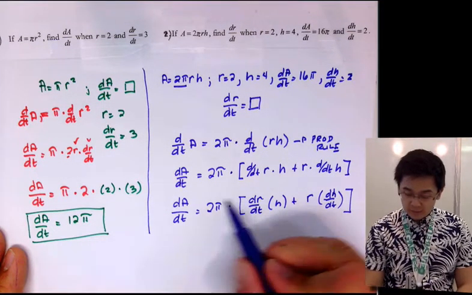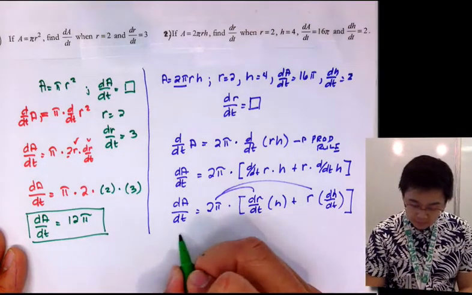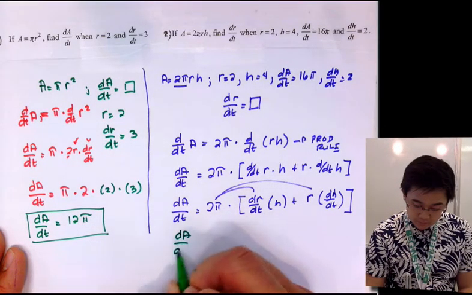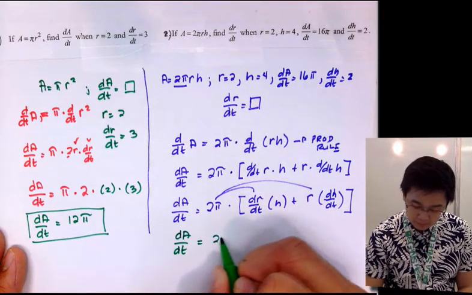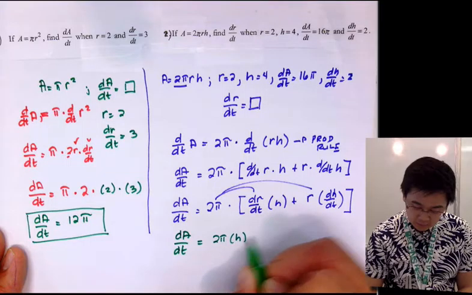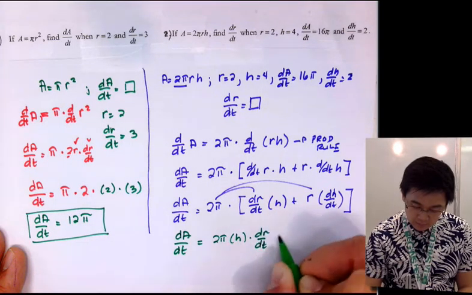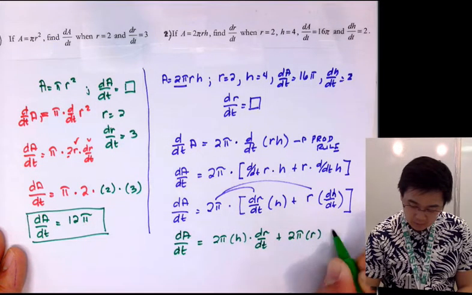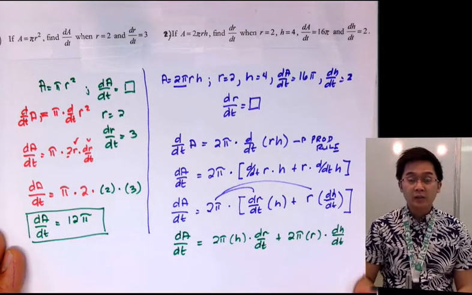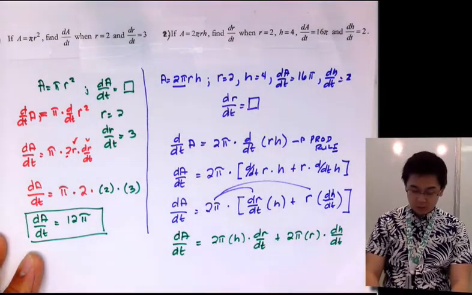We can simplify this by distributing this to our equation. So we'll end up with dA over dt, which is going to give us 2 pi times h times dr dt plus 2 pi times r times dh over dt. And now we're just going to substitute the information that's given to us in our problem.